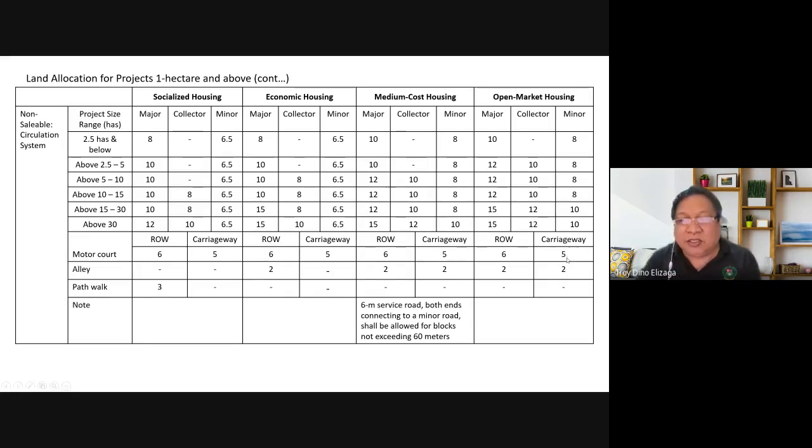Carriageway is 5 meters given a road right of way of 6 meters. Therefore, the remaining 1 meter is devoted to the sidewalk, so you have half a meter sidewalk on each side. Of course, the sidewalk comes in as a priority over the planting strip.